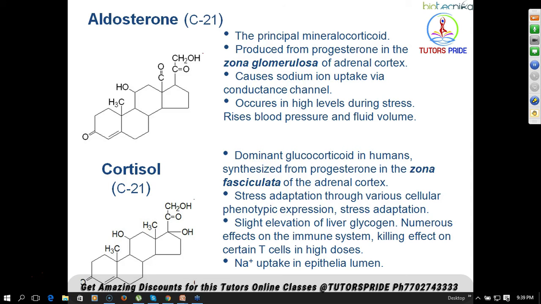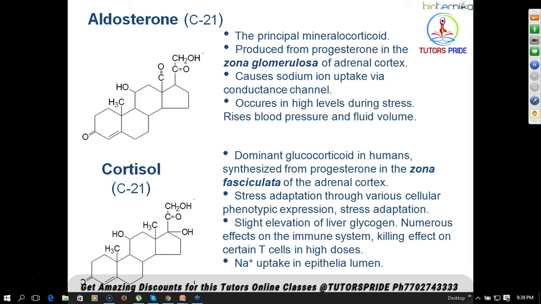It mainly causes sodium ion uptake via conductance channel, and it occurs in high levels during stress. When you are under stress, the aldosterone level will be more, and it will raise the blood pressure and fluid volume.